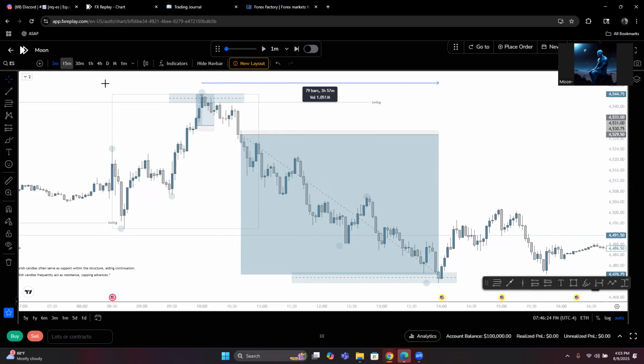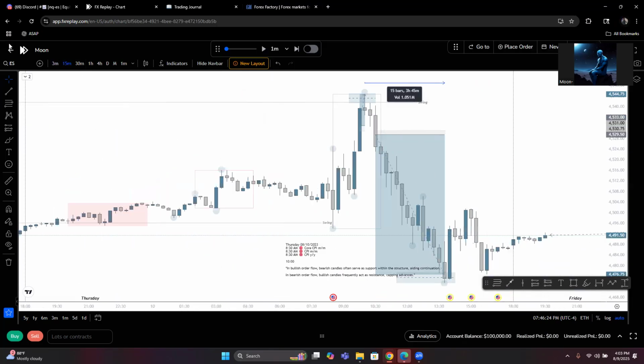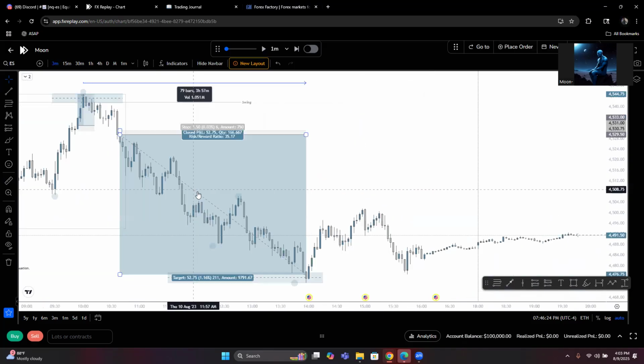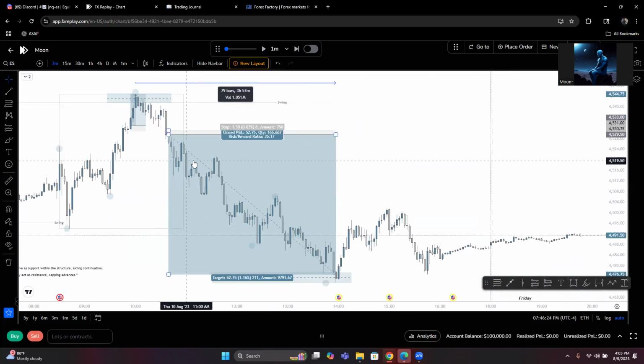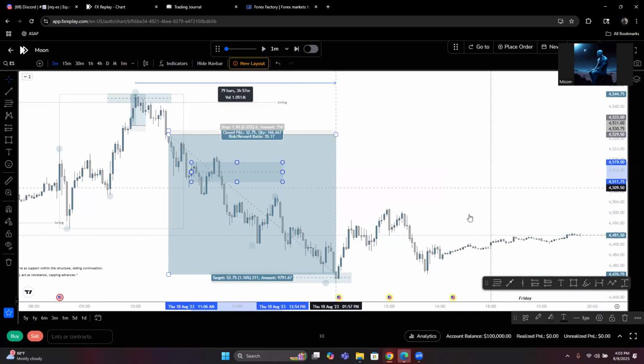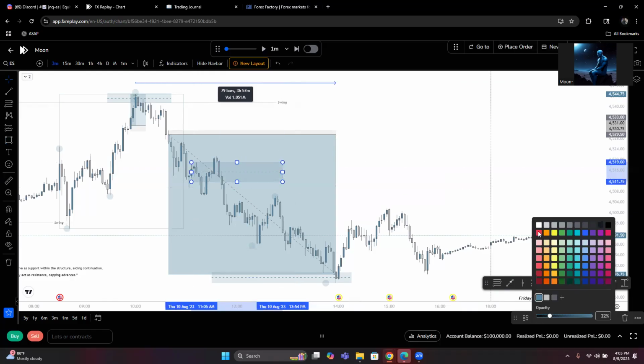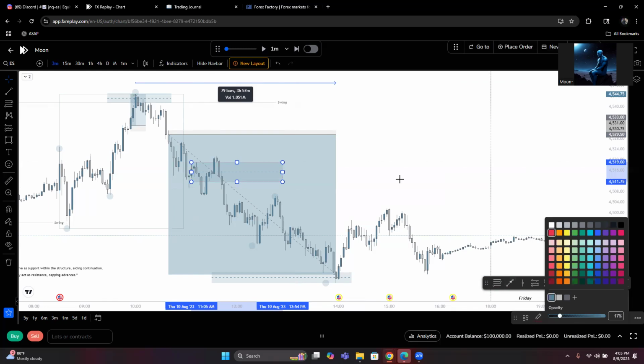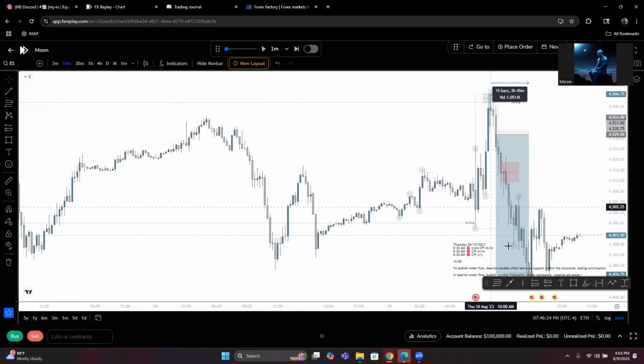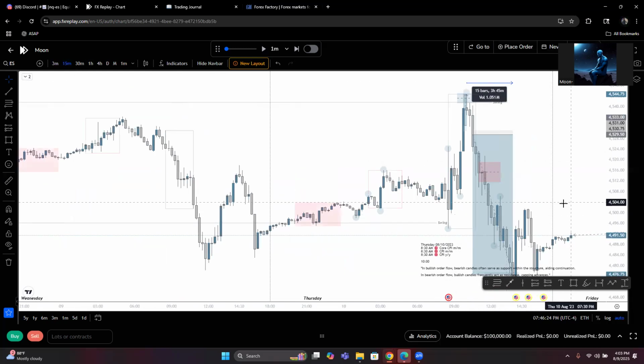Let's take a look. Go up a time frame, 15 minutes. So you got stopped out right around here, right? So let's make that a different color here. And let's take a look at where that is on the 15-minute time frame.